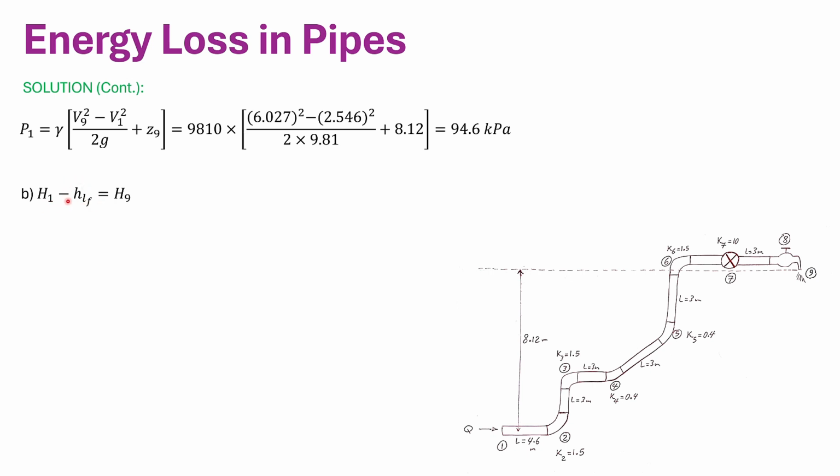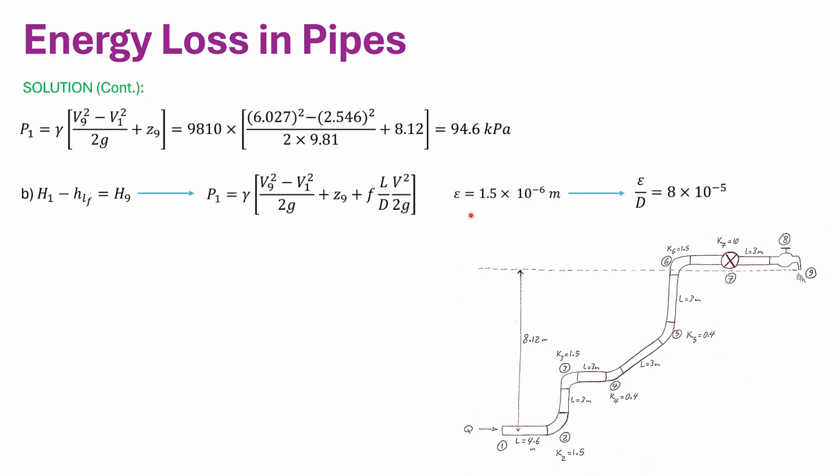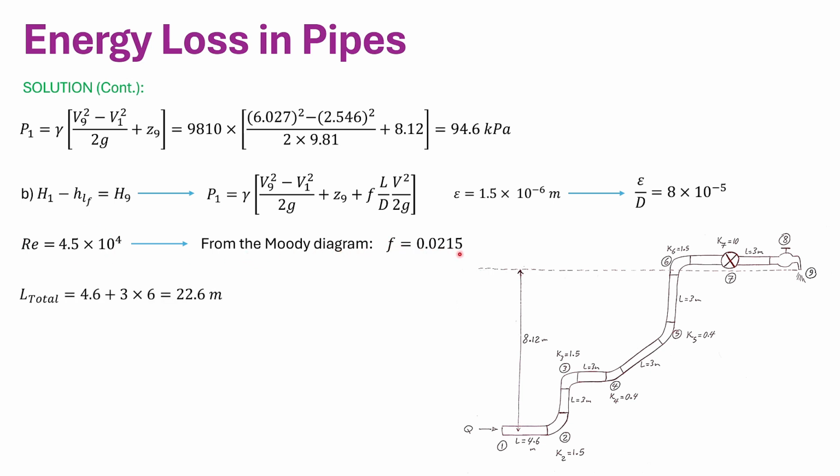Part B, we have only major head loss. So H1 minus the major head loss equals H9. What's the difference between P1 here and there? We have to add this formula of FL over D times V squared over 2G for major head loss. We know the epsilon, so we find epsilon over D. We already know the Reynolds number, so from the Moody diagram we get F equals 0.0215.